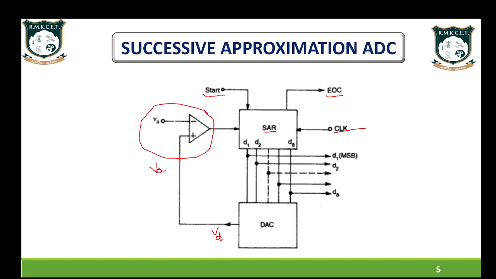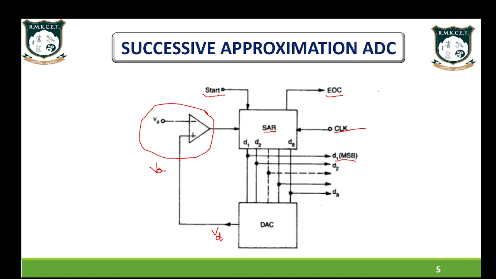Here the SAR, successive approximation register, is used to provide the digital output. The outputs D1 to D8 are obtained here. D1 is my most significant bit, and D8 is my least significant bit.